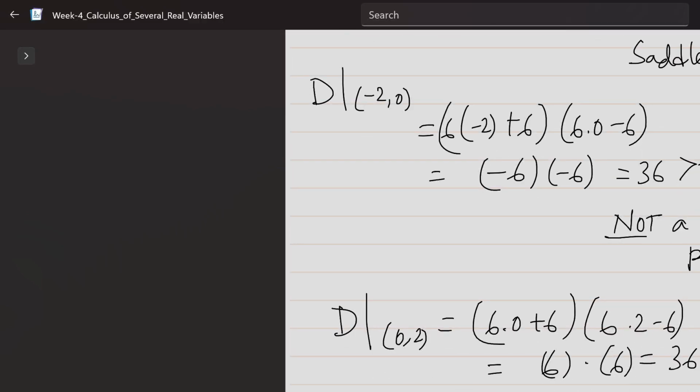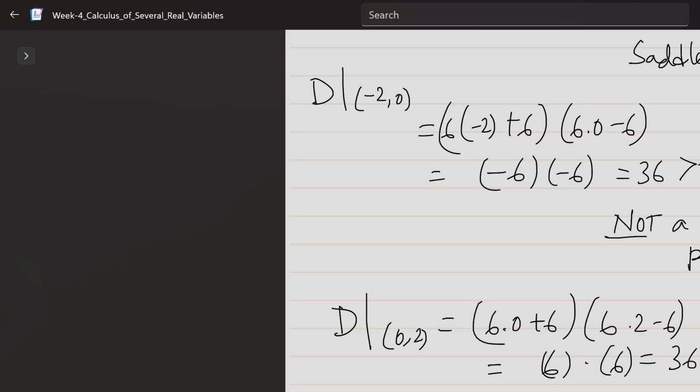So how many saddle points? Two saddle points. So 0, 0 and minus 2 comma 2 are the saddle points. Fine, correct?